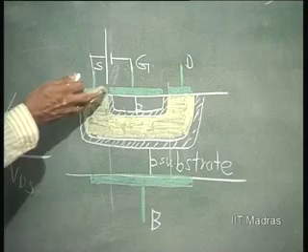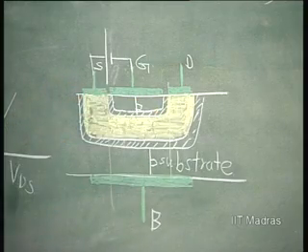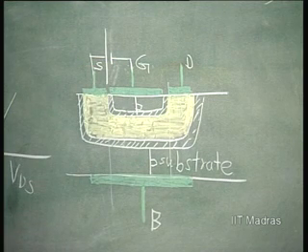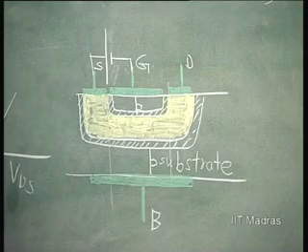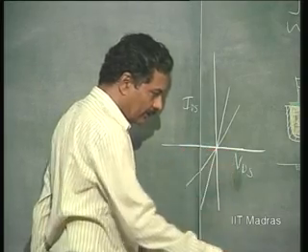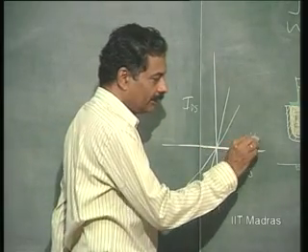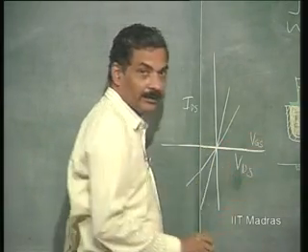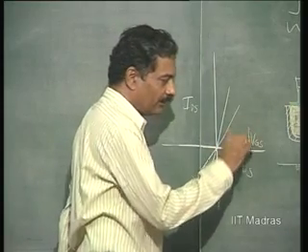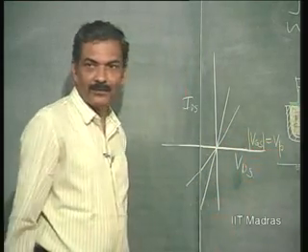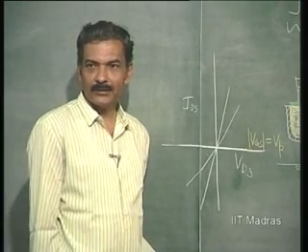So, since the channel already exists, the voltage that you apply to the gate for closing the channel is called the pinch off voltage. That means at this particular point, you are applying a VGS which corresponds in magnitude to the pinch off voltage.